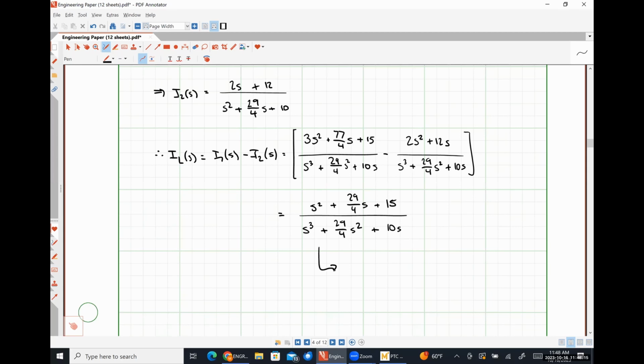This denominator has roots of 0, obviously. And then negative 29 plus the square root of 201, all divided by 8. And then negative 29 minus the square root of 201, all divided by 8.